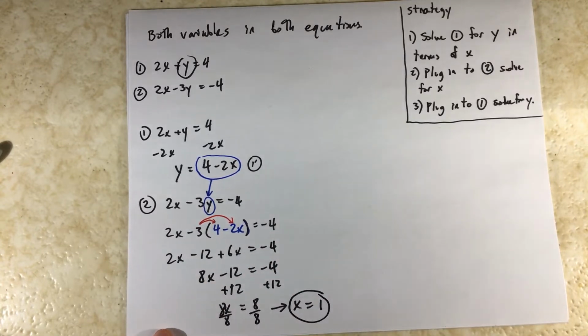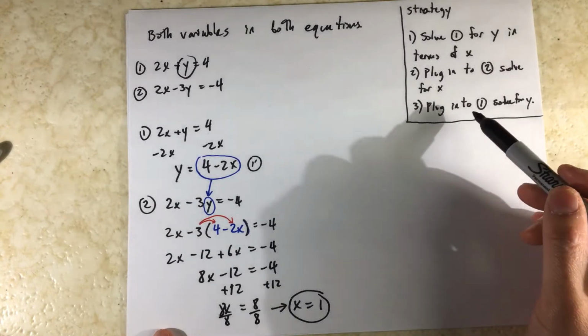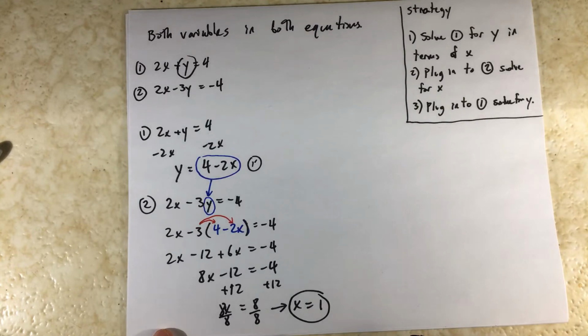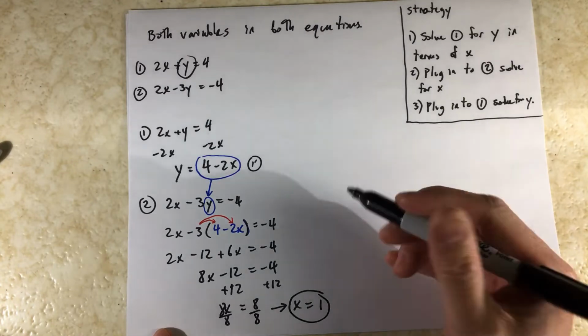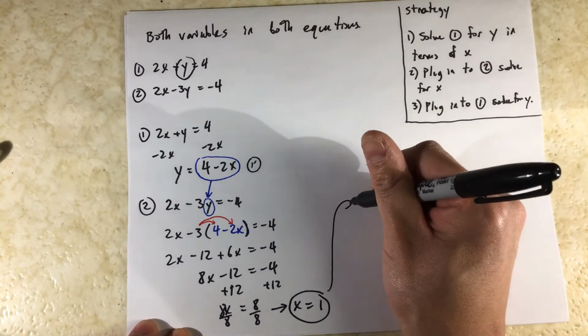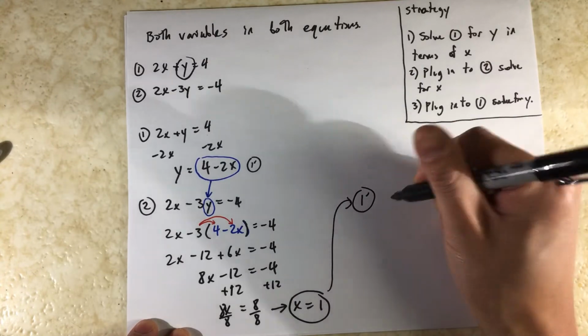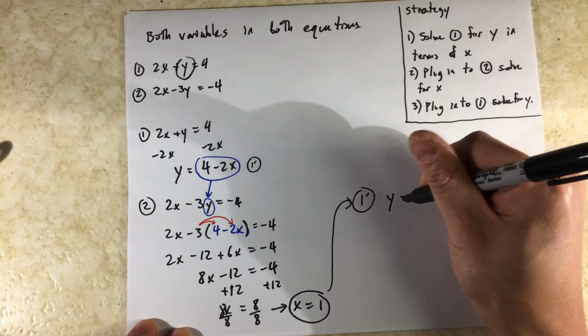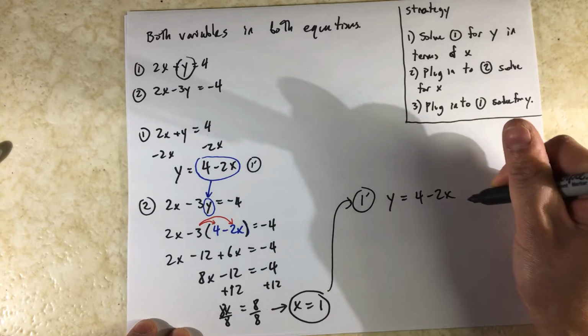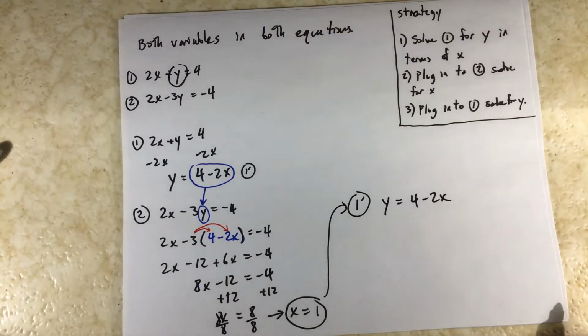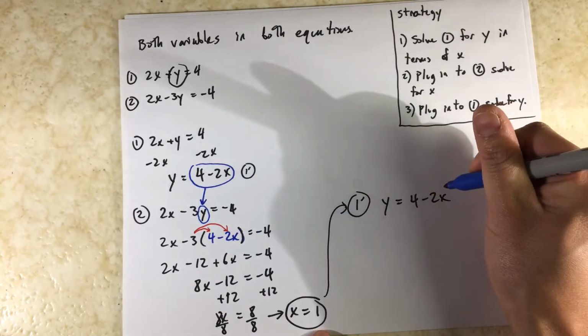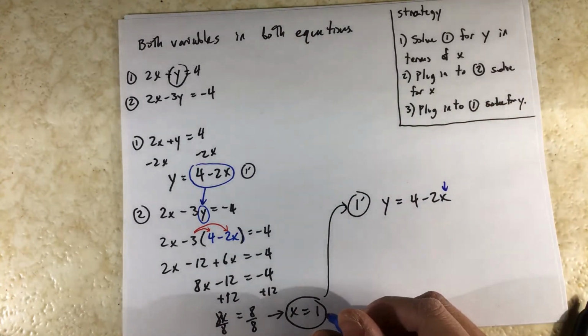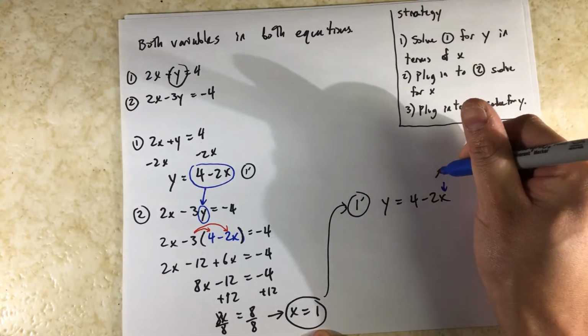Okay, so now I've solved for x, but I also need to solve for y. That's where the third step comes into play: plug into 1 to solve for y. Actually, I'm going to plug it into 1 prime. 1 prime was y is equal to 4 minus 2x. I know that x is equal to 1, so I plug in x equals 1.